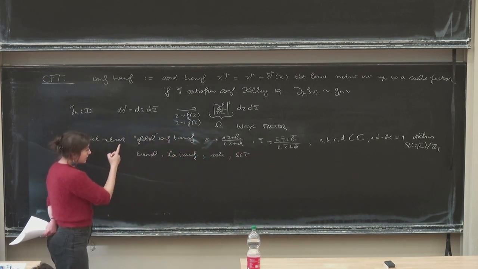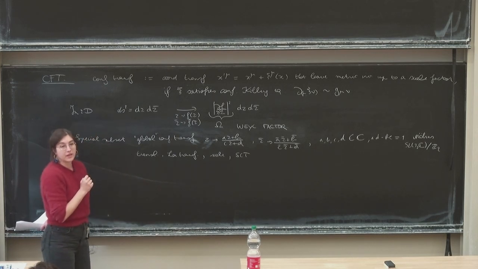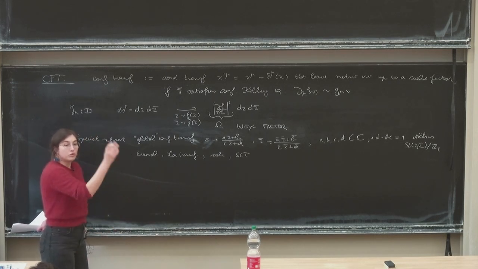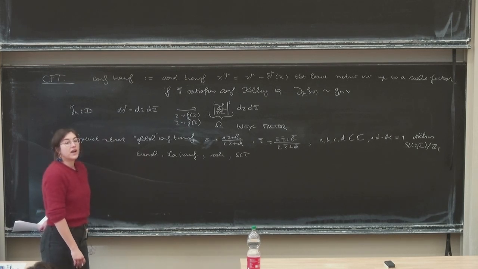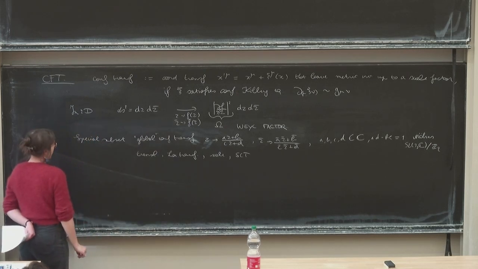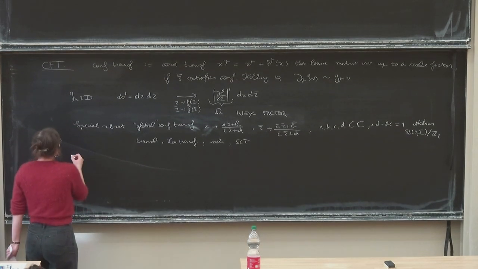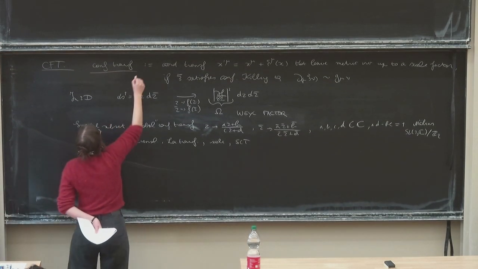And in higher than 2 dimensions, these are the only conformal transformations that you have. In 2-dimensional CFT, you have infinitely more conformal transformations, namely all these. Okay? And then these global ones form a special subset.